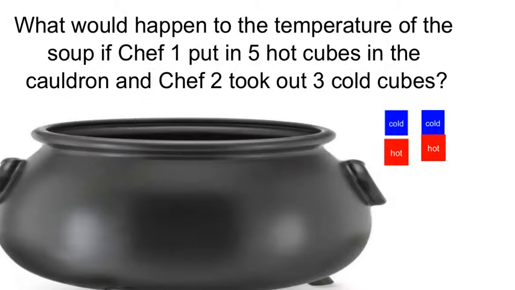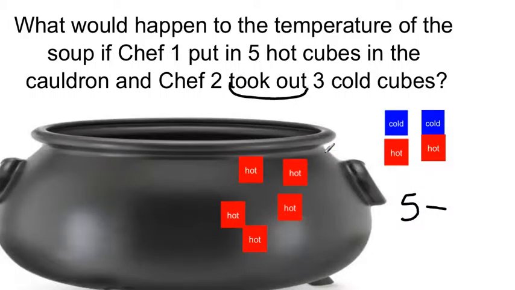So Chef 1, he's going to start with 5 hot cubes. 1, 2, 3, 4, 5. Now that's a positive 5 for my integer. He wants to take out or subtract cold cubes. Are there any cold cubes in here to take out?